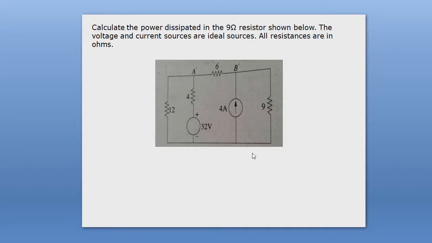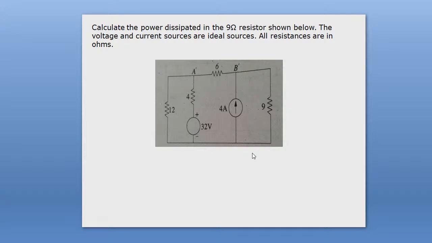So you know the value of resistance, 9 ohms, so you just calculate the current I for the two sources. You see there are two sources, one is a 32 volt voltage source and another one is a 4 ampere current source. So everyone calculate the current for the 4 ampere current source, and also the current for the 32 volt voltage source. So how do you solve this problem? You first consider one source and replace the other source by its internal resistance. Here all sources are ideal sources.